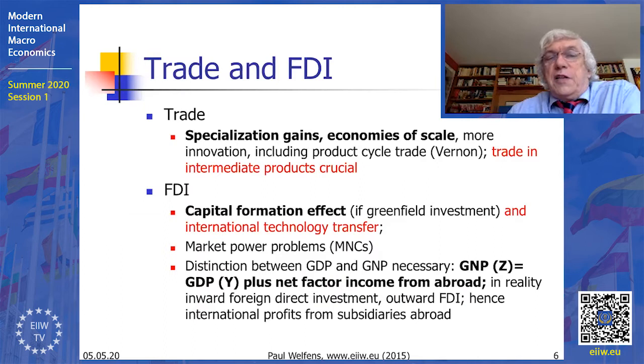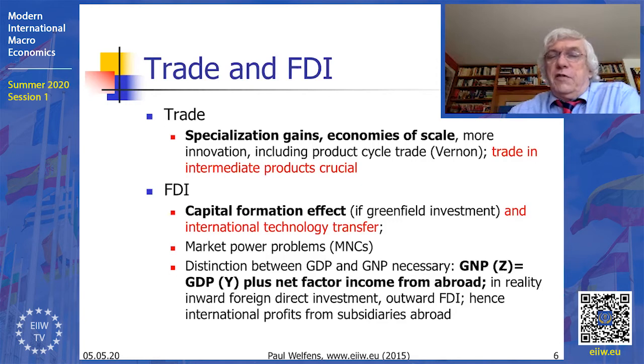It's actually also important to point out that many key economic functions, let's say the consumption function, of course, should read that consumption is not proportionate to disposable GDP, but of course to disposable national income, to disposable Z. And if there's foreign direct investment, of course, one has to consider this.